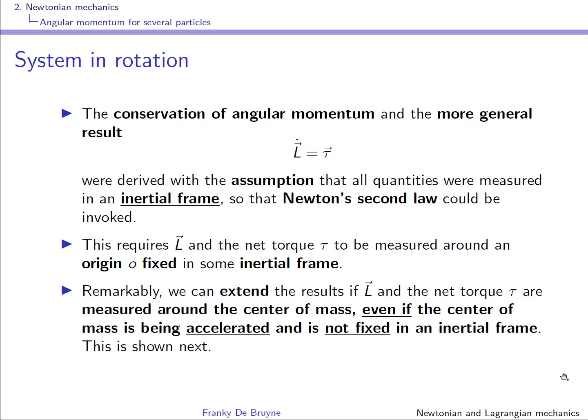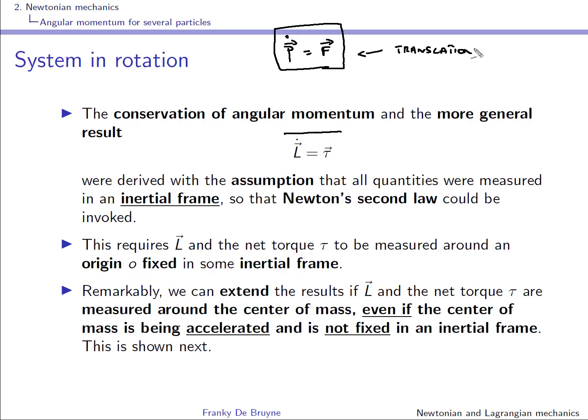Okay, so let's make a summary so far. We are working with a system with several particles, and we have seen that the variation of the linear momentum is the force or the net force that is being applied. So we have a generalization for this for a system of particles. We have now just seen that, so this is an equation in translation, right?